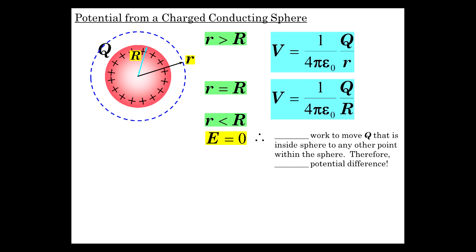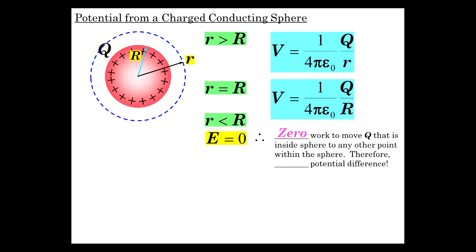Well, consider that no work is required to move the charge anywhere inside the sphere. There's 0 work to move it around. Therefore, the work in moving it from one location to another location inside here is 0.